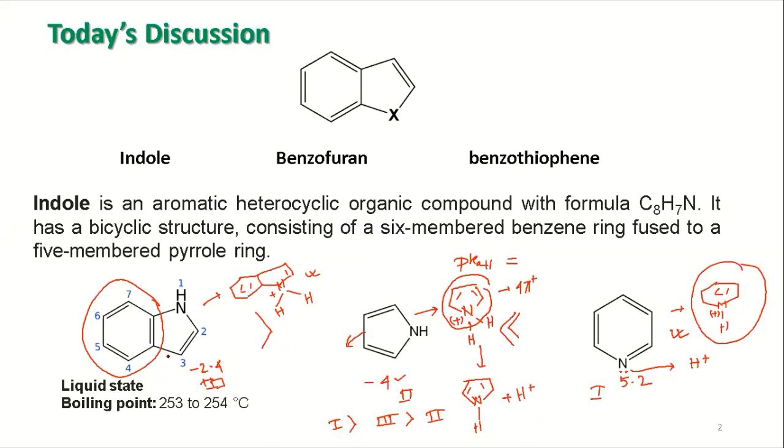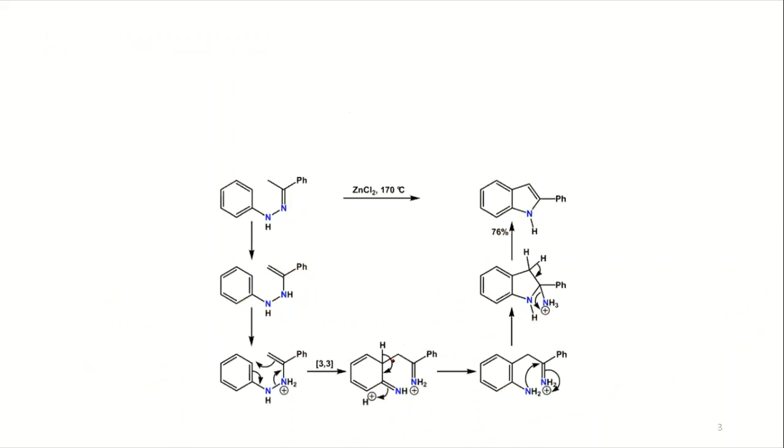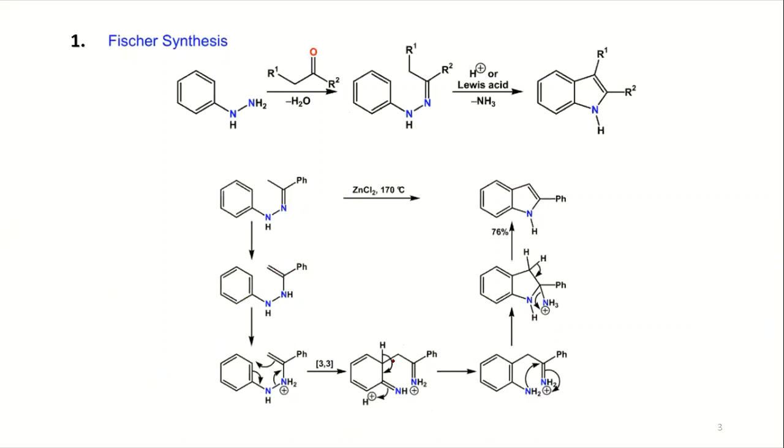Only the pyrrole ring is getting disturbed. So that's why this is a bit more stable than the situation for pyrrole. You have to note this down. We see these questions many times in exams. Okay, let us move forward. Then we have the synthesis.